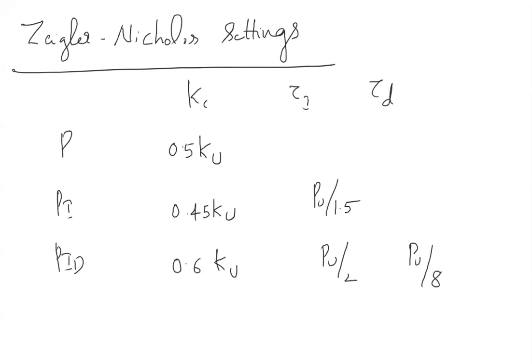Even though my K is stable up to 10, I cannot use more than 0.5 Ku. This is what I told you in the starting, no? After calculating, you do the analysis, you get some value of Kc. But in the plant, you may not use the full value of Kc. You may use maybe less.